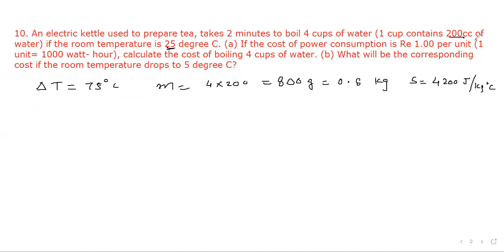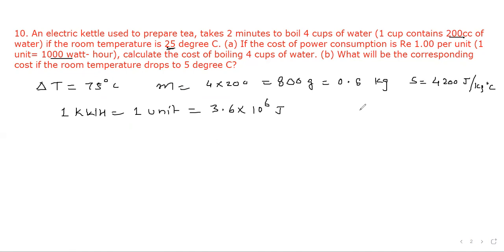And it is to be expressed in terms of units, kilowatt hour. 1 kilowatt hour is equal to 1 unit, which is equal to 3.6 into 10 to the power 6 joule.